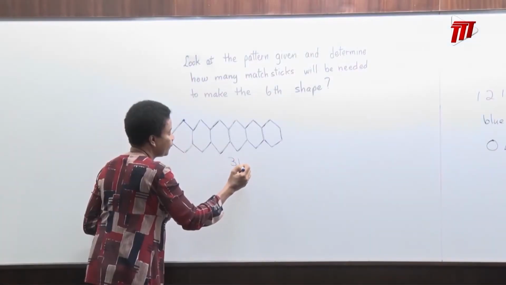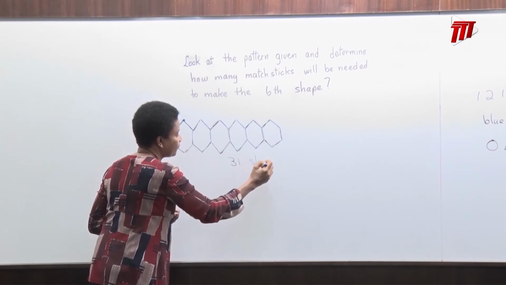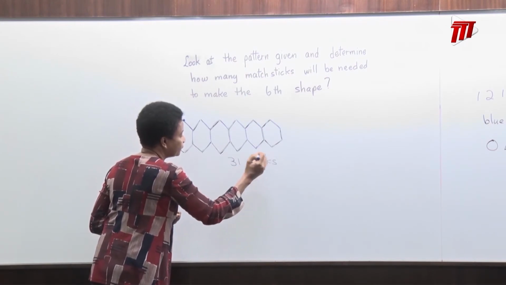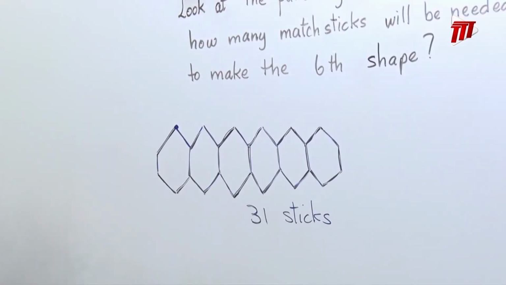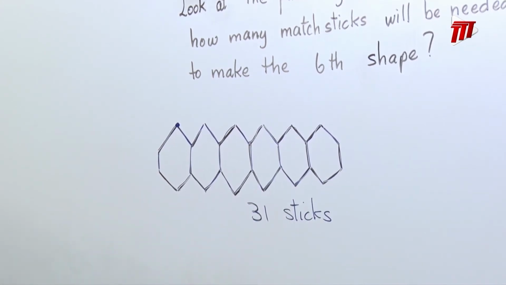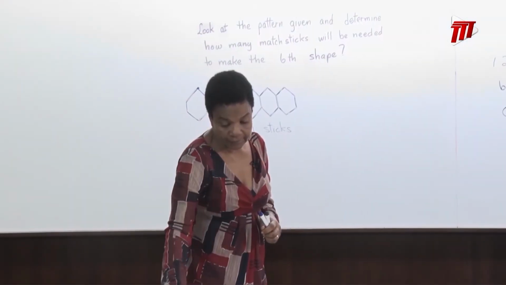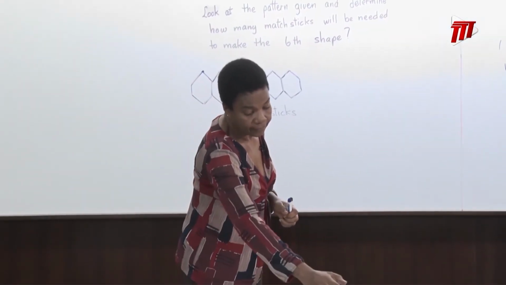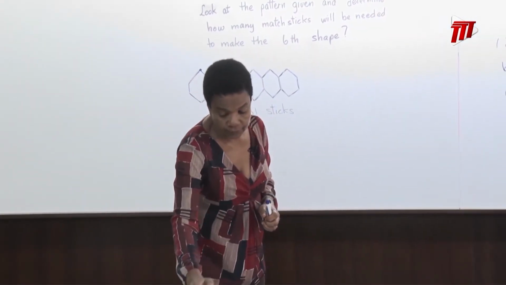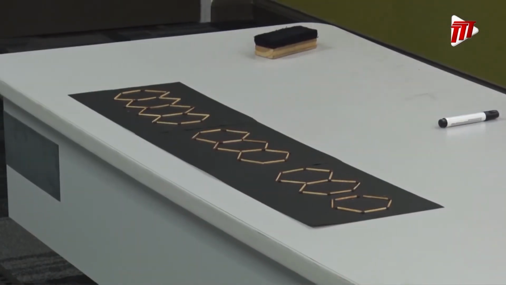So we use 31 matchsticks to make the sixth hexagon. But as usual, we are looking for a pattern. So let's put down in a tabular format the number of matchsticks we use for each step.